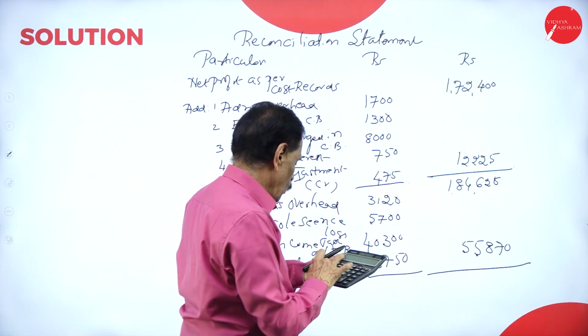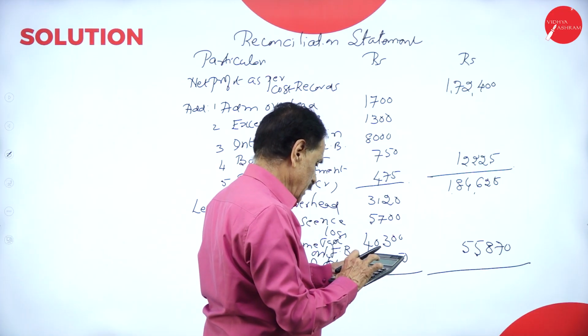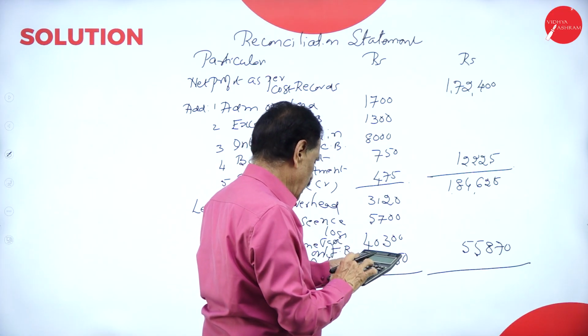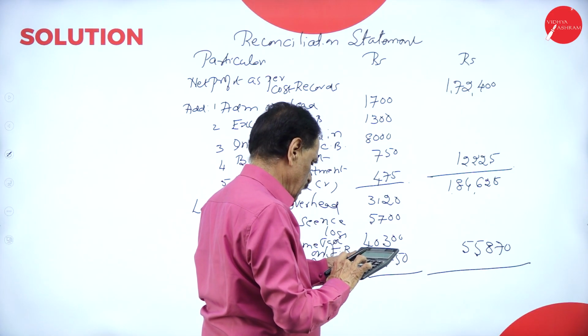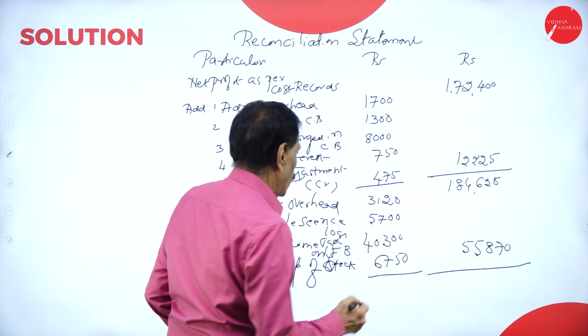Deduct 1,84,625 minus 55,870 gives 1,28,755.